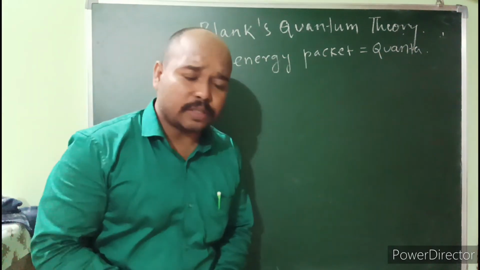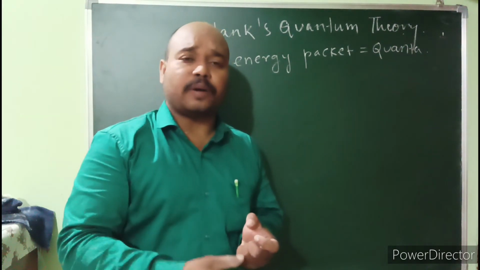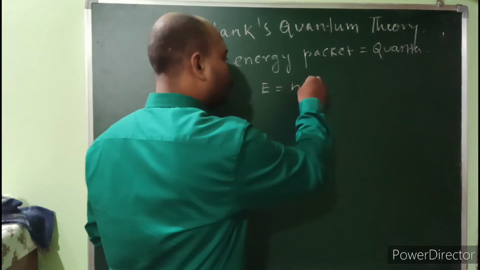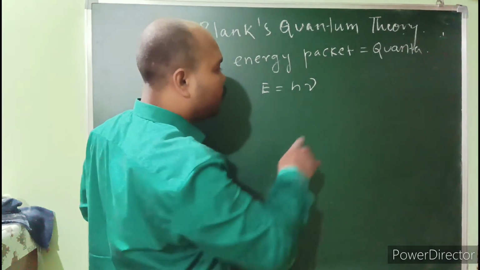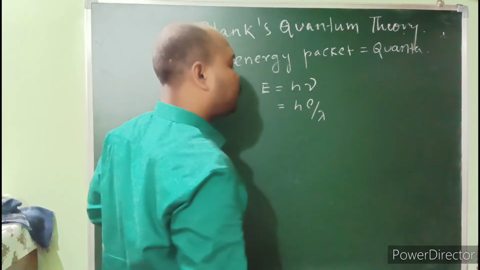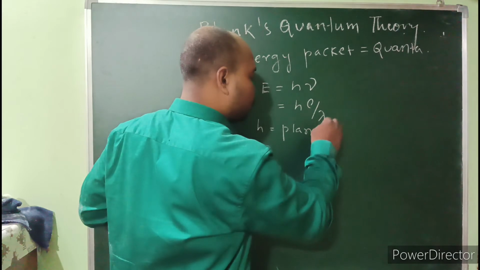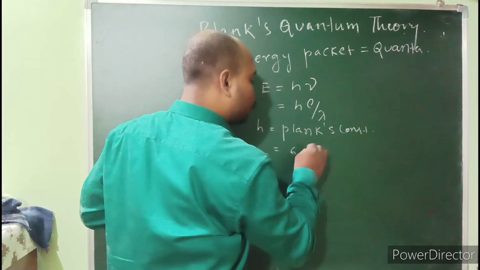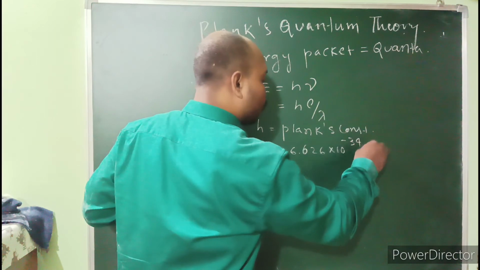Now according to his theory, when light travels, the energy depends upon the wavelength. So he said E equals to h nu. Now from Maxwell we have read that nu is equals to c upon lambda. Here h equals to Planck's constant, whose value is 6.626 times 10 to the power minus 34 joule second.